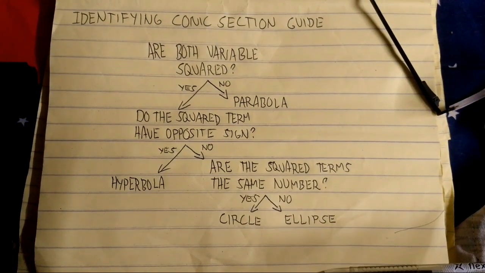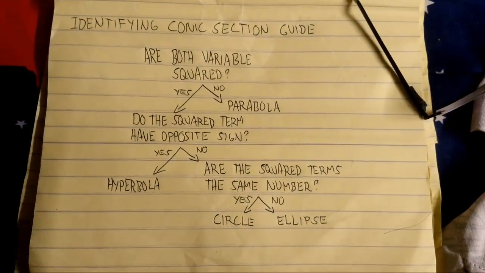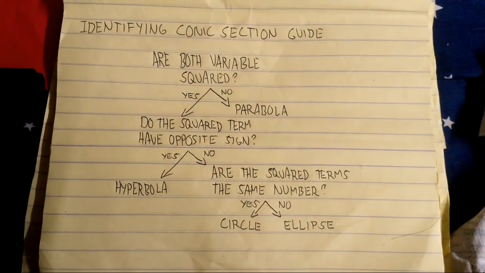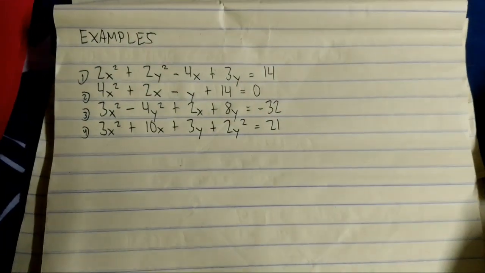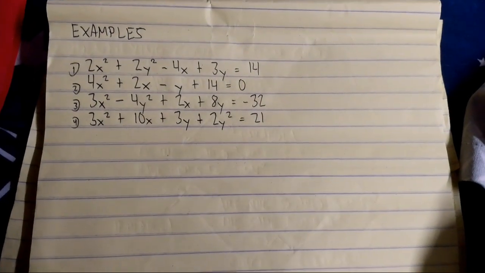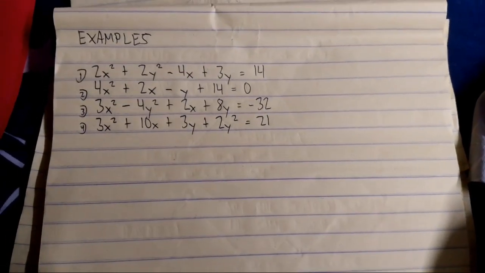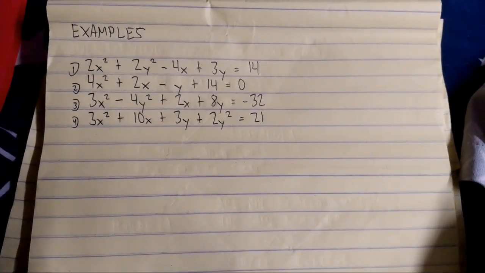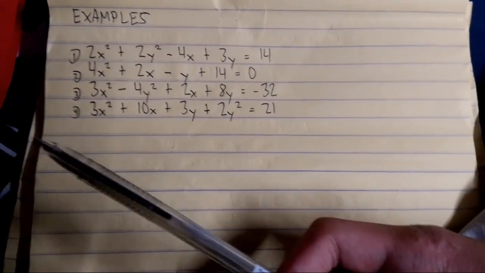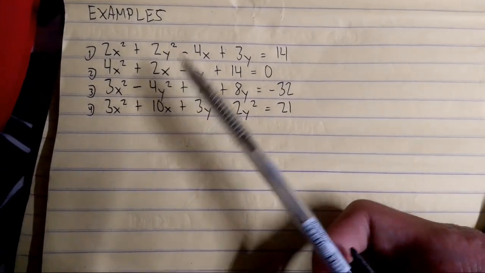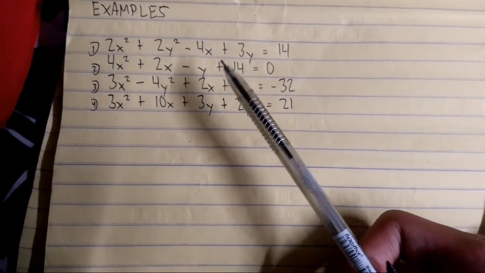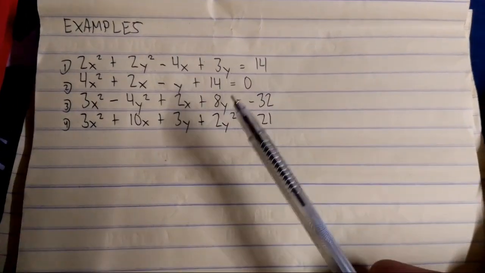To understand more, I will give you some equations. Here are the examples. Let's discuss one by one. The first equation is 2x squared plus 2y squared minus 4x plus 3y equals 14.